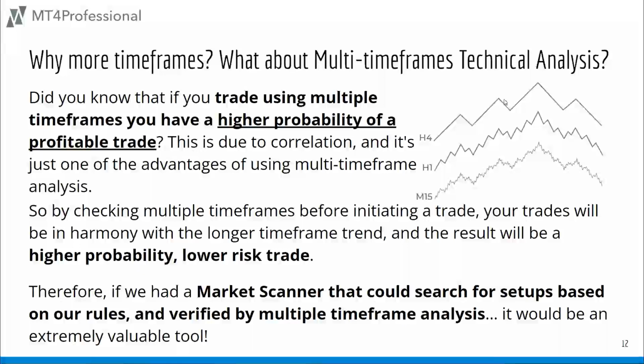There are still going to be corrections in the longer term trend, but if you're trading any of these shorter term trend markets in the direction of the longer term trend, then you're only going to be taking the longer term trades. So that means that the probability of a profitable trade is going to be increased, and you're lowering your risk in the trade because you're not going to be taking any of these corrective moves that go against the overall trend direction.